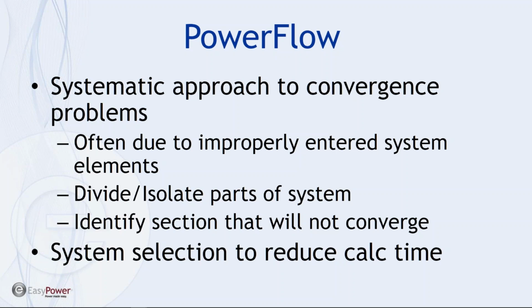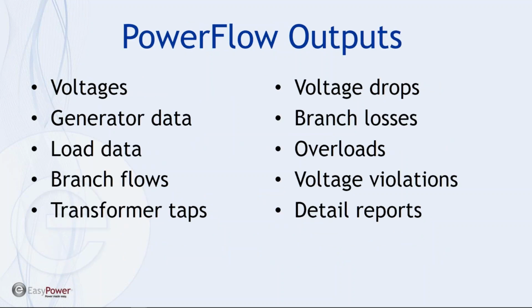And then we're also going to be looking at the ability to reduce parts of the system and reduce our calculation time by only running analysis on the section of the system that we've isolated. So there's going to be a couple things going on, and without belaboring it, it's easier just to see how it works rather than talk about it.